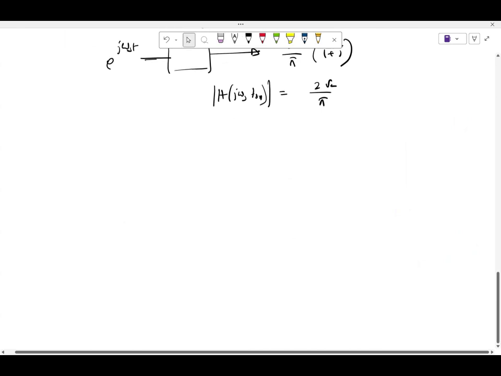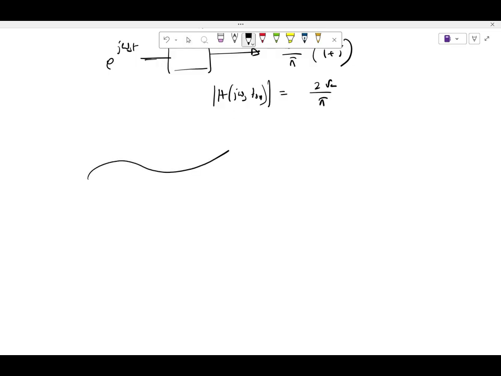Signal processing. Are you aware of this concept of zero order hold? No? Okay. So let's say I have a signal. I impulse sampled it at some rate. Basically, I multiplied it with an impulse train. If I multiply with an impulse train, what do I get?